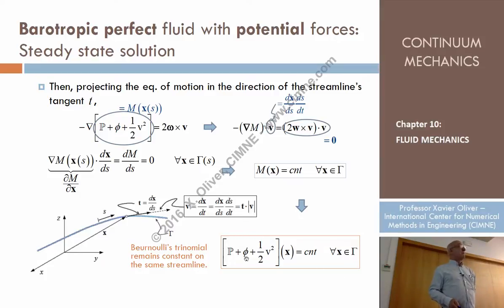This is an algebraic equation. We have done an integration. So we have somehow integrated the motion equation, the Euler's equation, which was complex. For this specific case we are considering, we have integrated it for points of this streamline. This is the famous Bernoulli theorem.